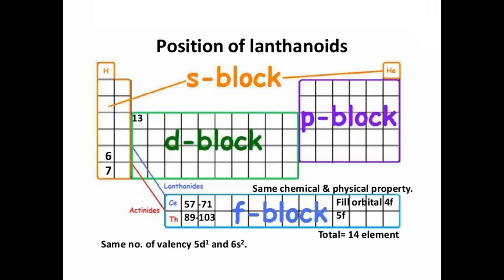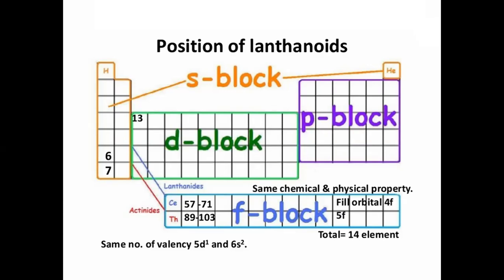So all these elements are commonly known as the f block of the periodic table, where for the first series the major orbital or electron subshell is the 4f, and for the actinide series, the 5f orbital is there.